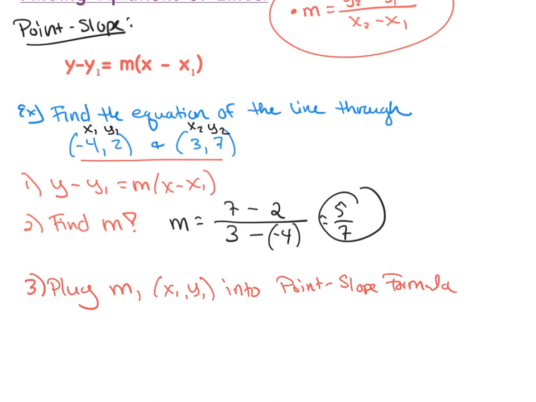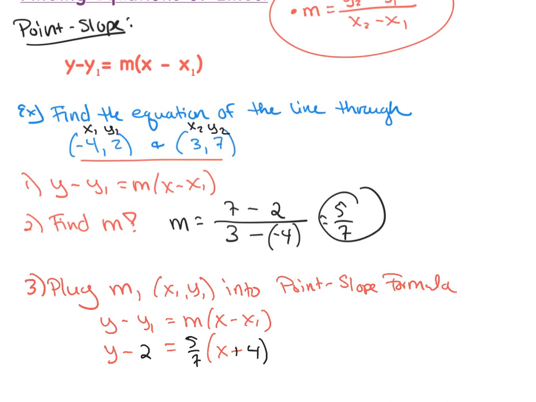Okay, so let's see, y minus y1 equals m times the quantity x minus x1 becomes y minus 2 equals m, which is 5/7, times the quantity x minus x1, so plus 4.